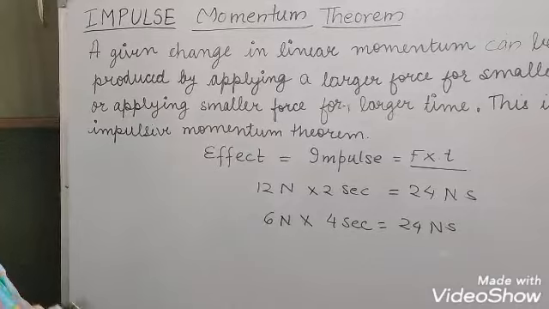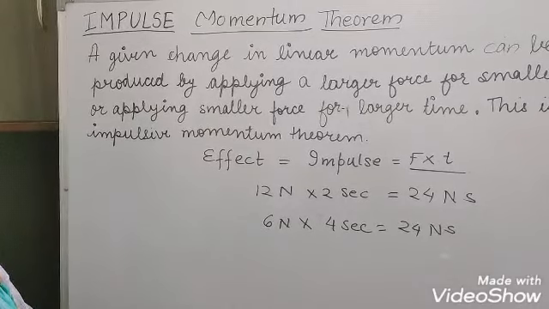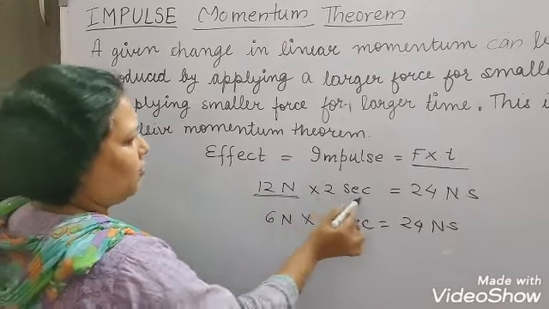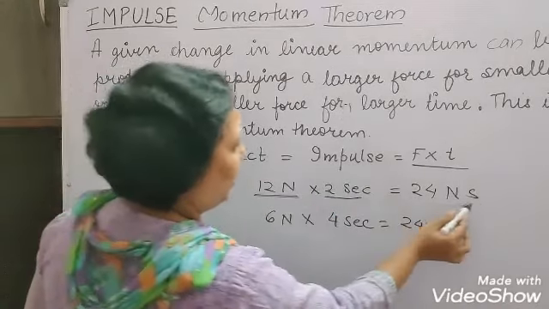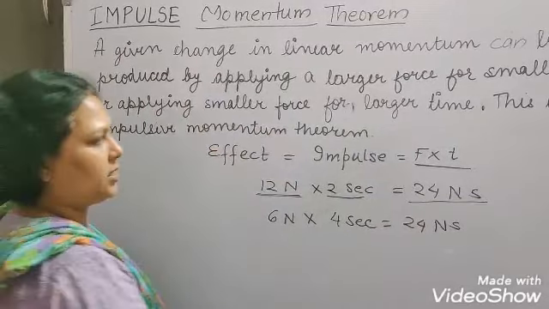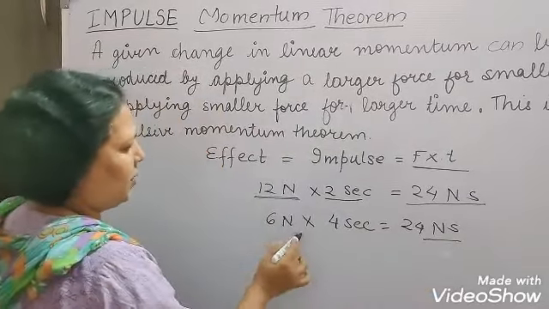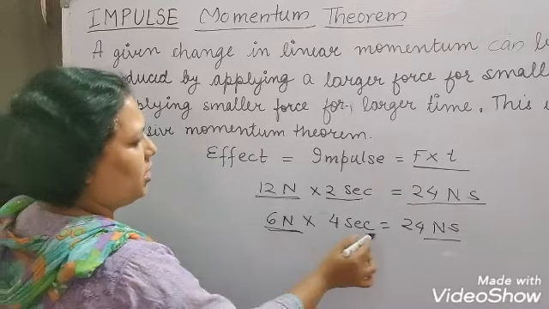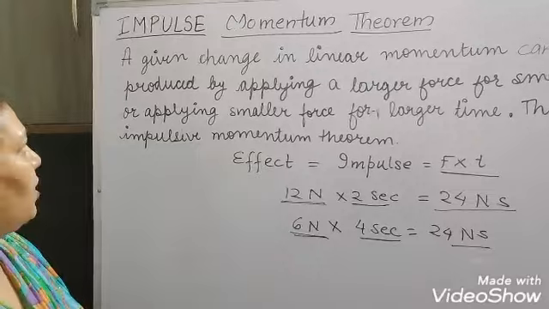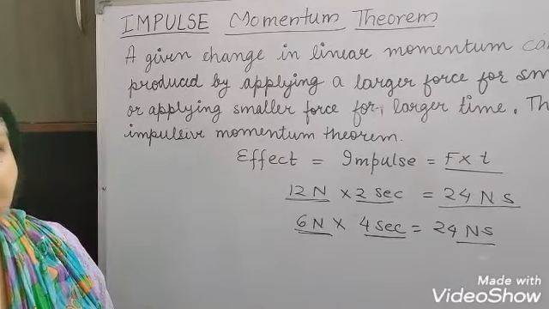So what I am doing here is, I applied a large force for a small time and got the impulse. In the same way, I get the same impulse by applying a small force for a large time. So this is called the impulse momentum theorem.